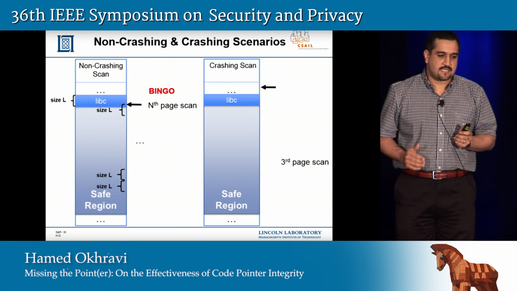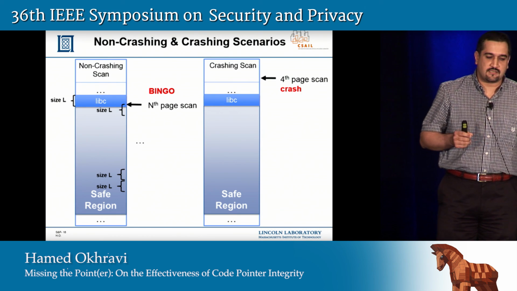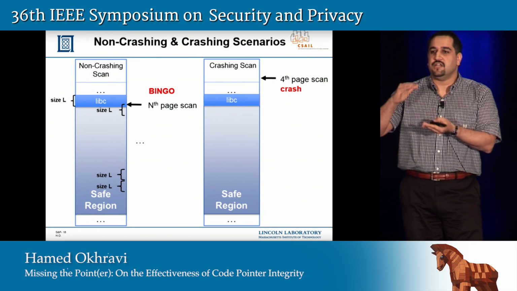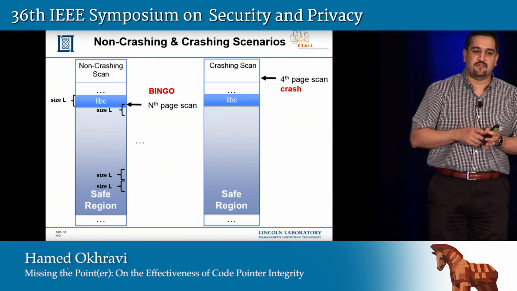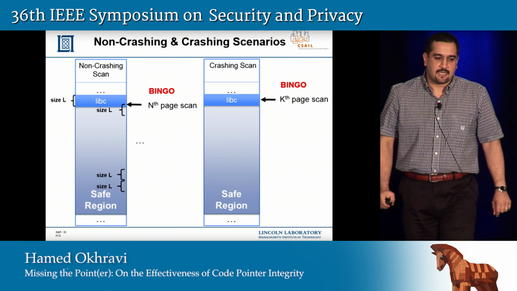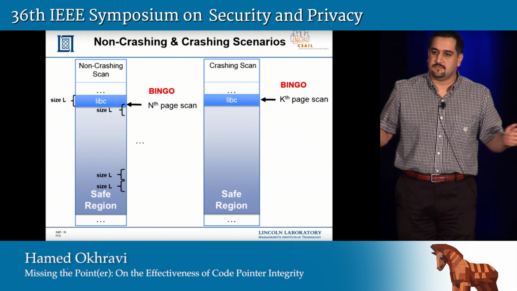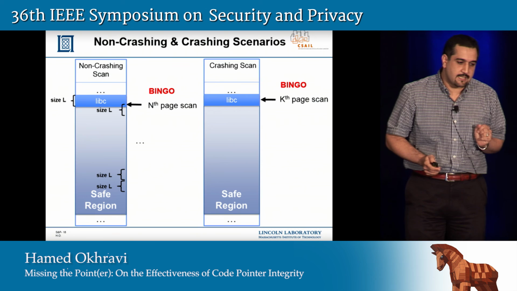For the fourth scan, we can go above in the address space in memory and cause a crash. So what we're doing is essentially a binary search. And after doing so many scans, we'll eventually land inside libc at the kth scan, and then the attack completes. And this can be done much faster than the other attack.